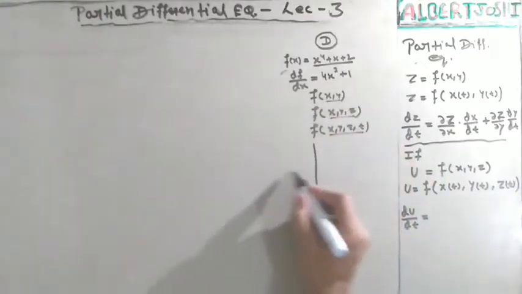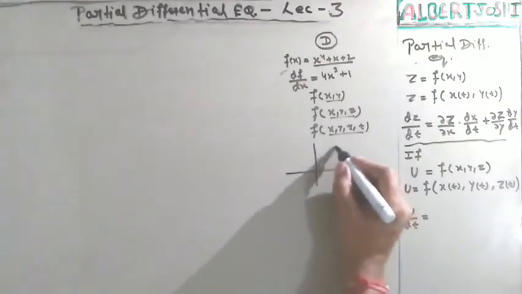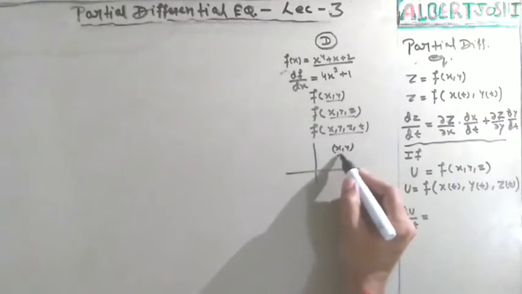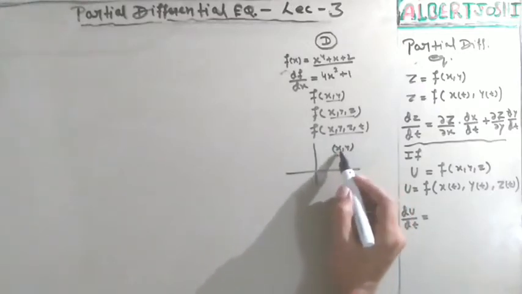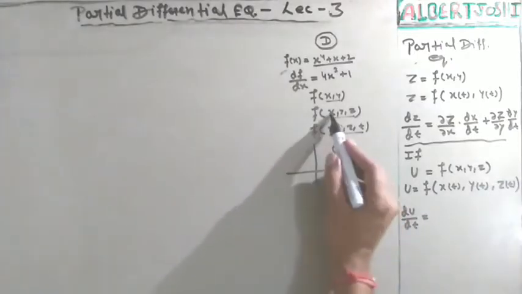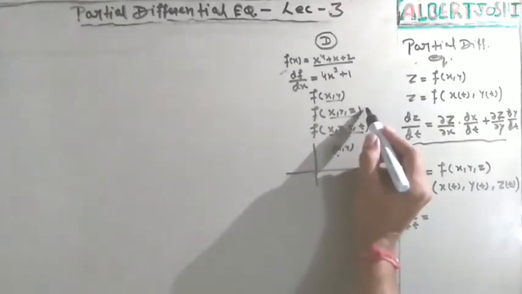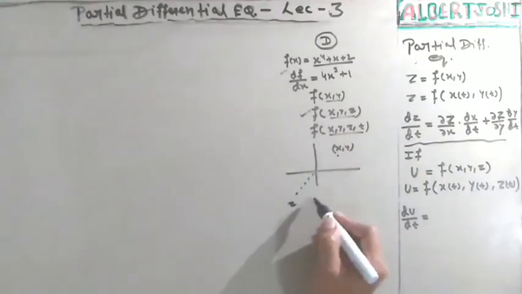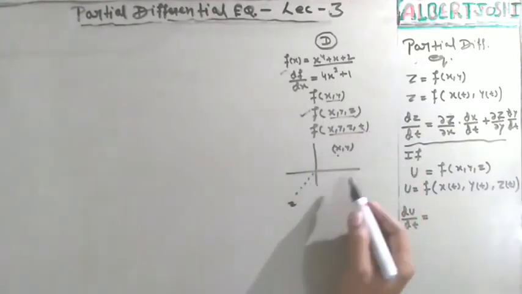You have seen in coordinates that you use such a type of point. Suppose this is 1, 1, then you represent it by this method. If you are finding volume, then you use such a function, and this is the z. And what is the meaning of t? t means time.